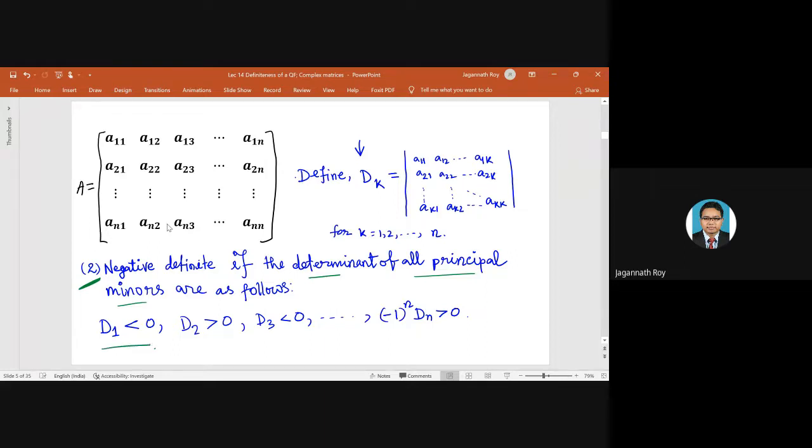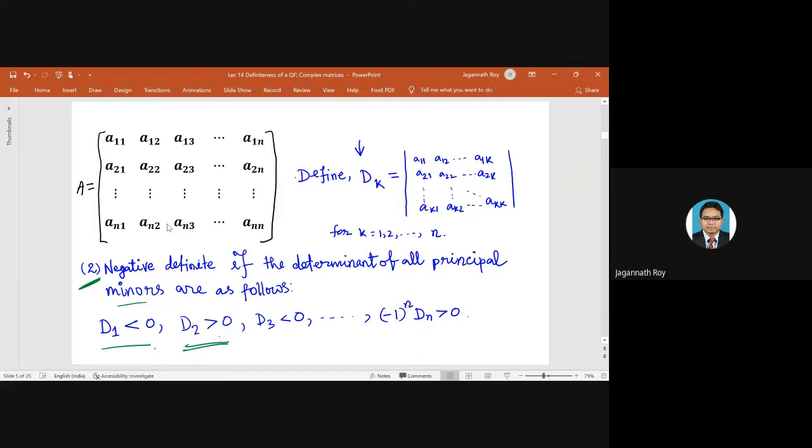Whenever we have a 2 by 2 matrix A, B, B, C, if A is not negative, then you can say this is not going to be negative definite or negative semi-definite. This type of quick conclusion can be drawn from looking at the matrix. Then D2 will be greater than 0.